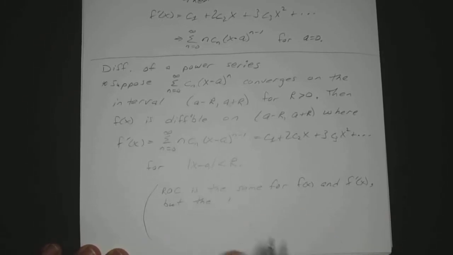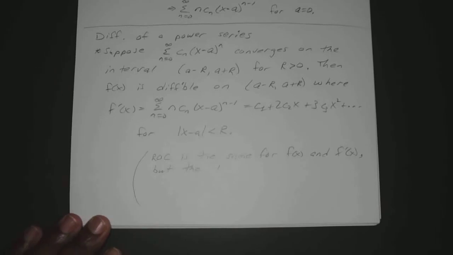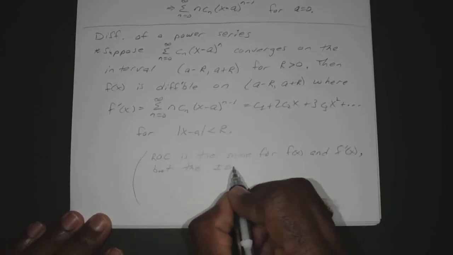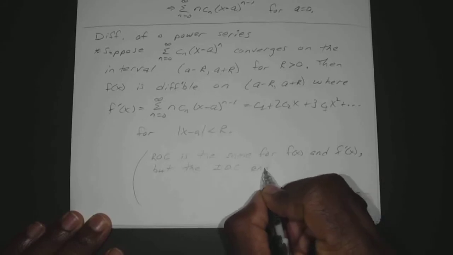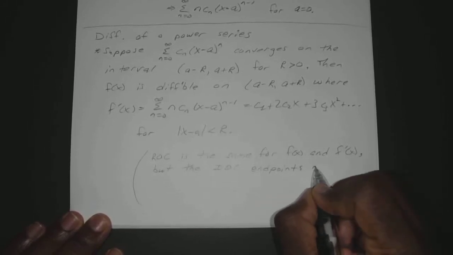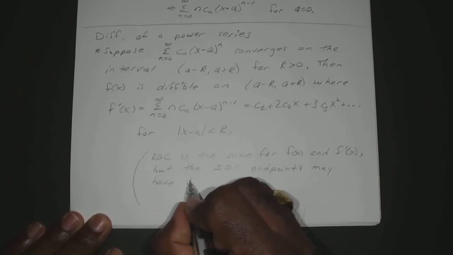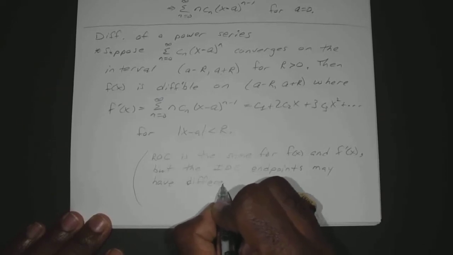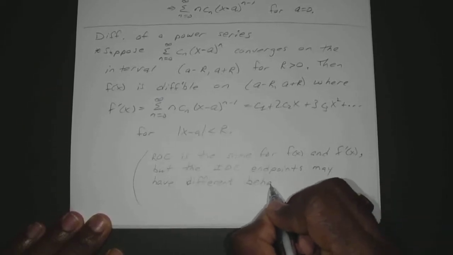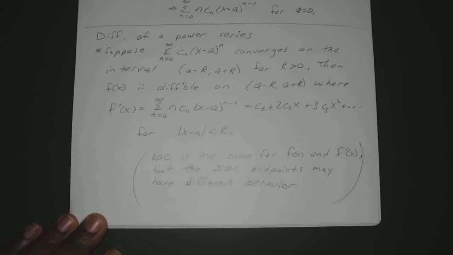But the interval of convergence endpoints may have different behavior. So really all we're doing is, once we find out the interval of convergence, we pretty much are just testing to see if we're going to use parentheses or brackets. That's really all this does.